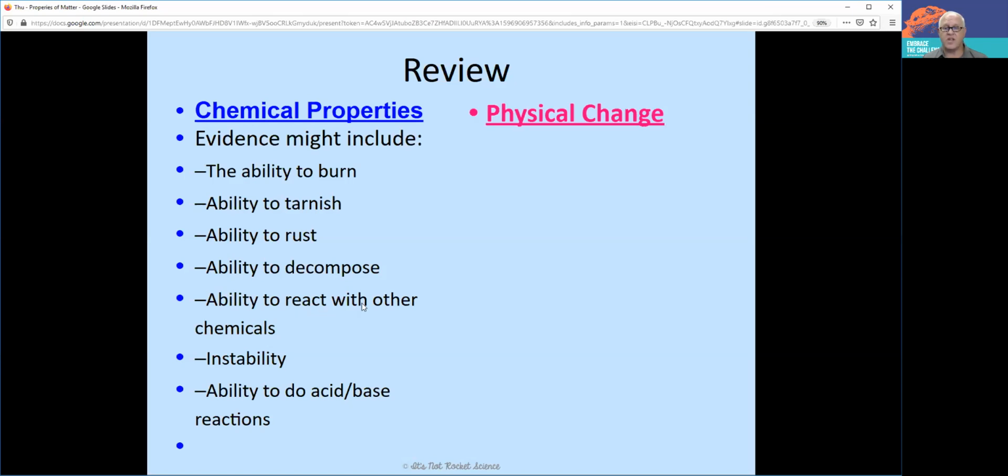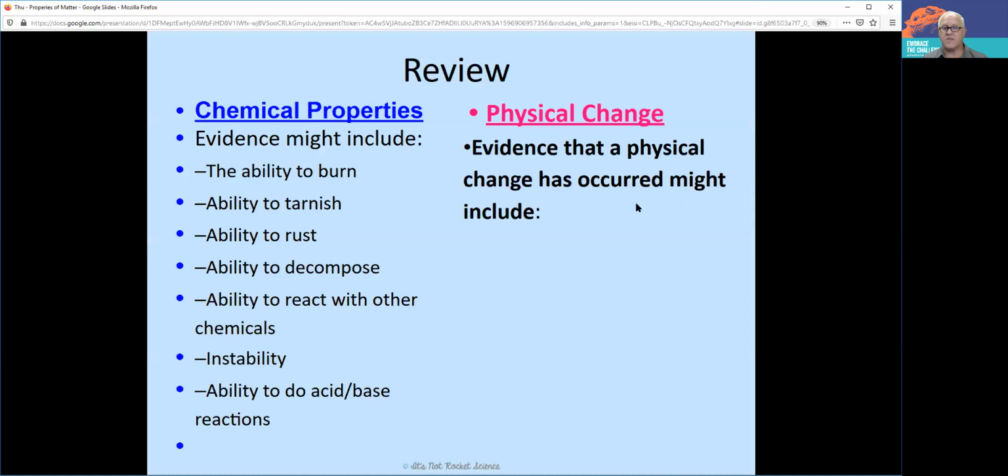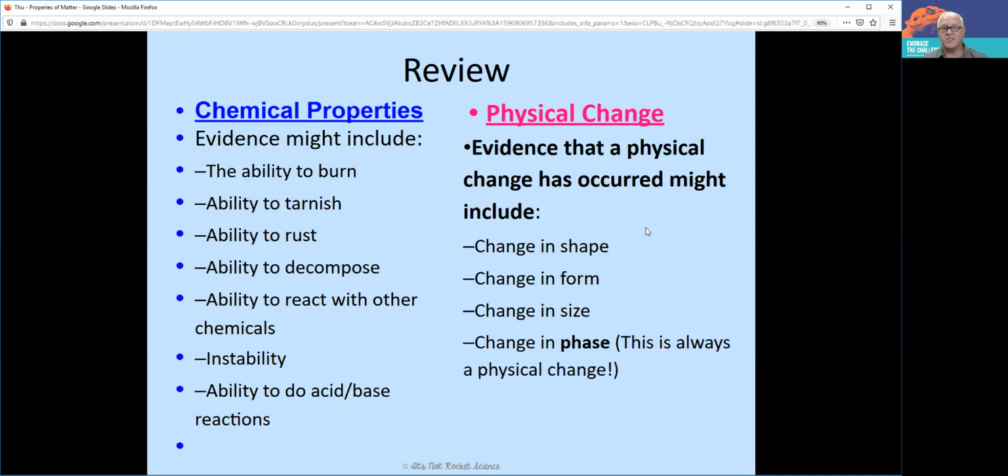A physical change might include a change in shape, a change in form, a change in size, a change in the phase, and that's always a physical change. Melting, becoming liquid, becoming a gas. That's a phase change, and that's always a physical change.